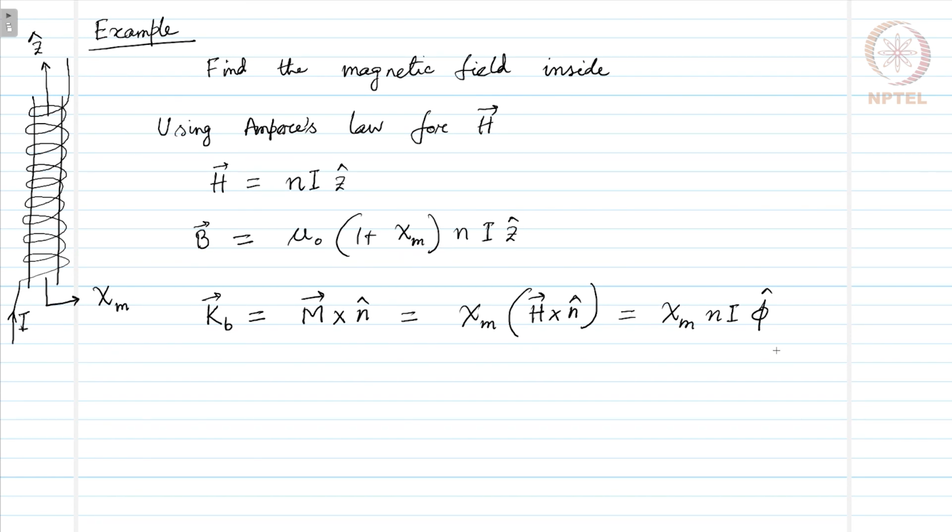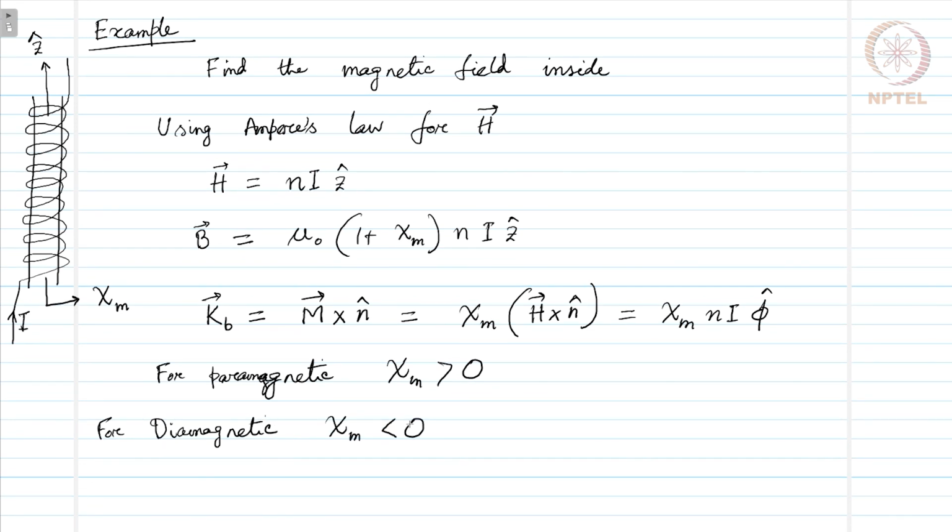If the medium is paramagnetic, the field is enhanced. So, for paramagnetic, we have chi m greater than 0, and if it is diamagnetic, we have chi m less than 0.